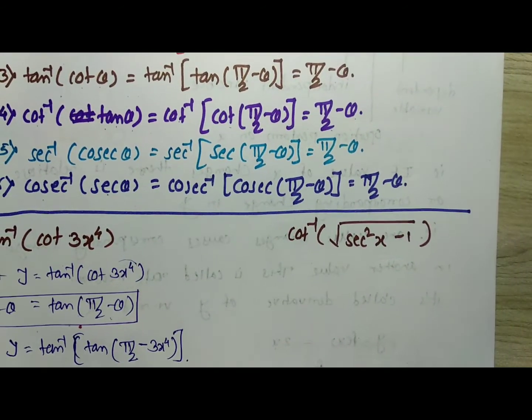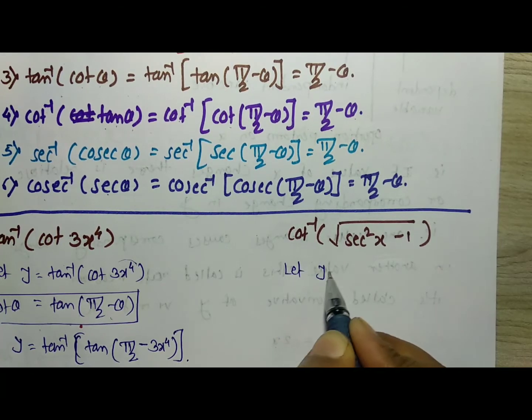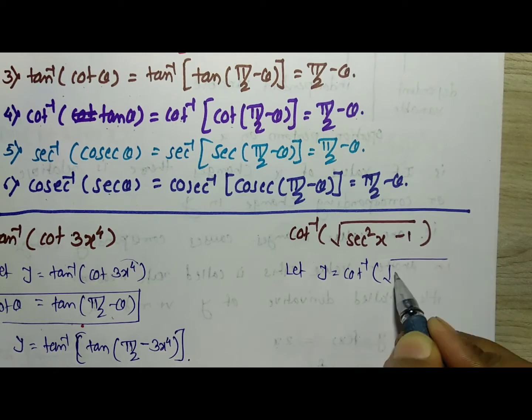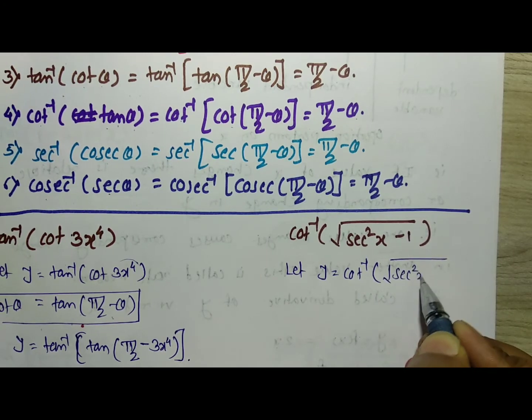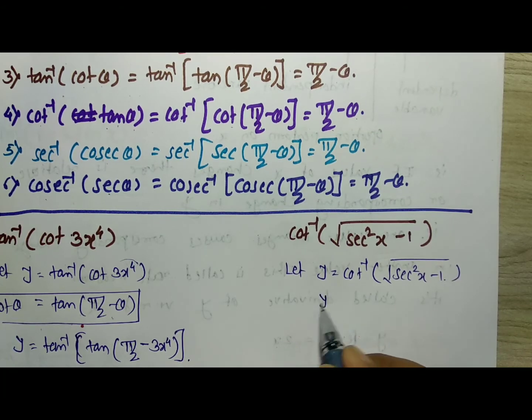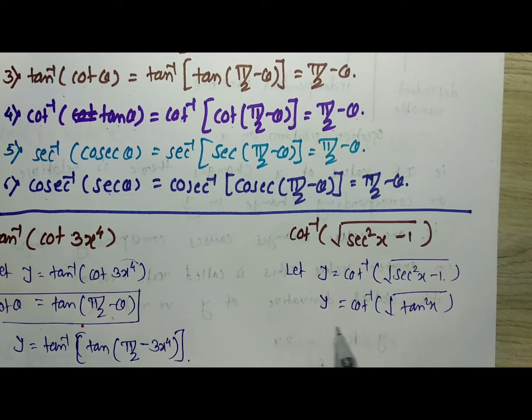Right now similarly you can calculate this one. Let y is equal to cot inverse square root of sec square x minus 1. We know that sec square x minus 1 is nothing but tan square x, and therefore y is equal to cot inverse square root of tan square x. Square root of tan square is nothing but tan, and therefore y is equal to cot inverse tan x.